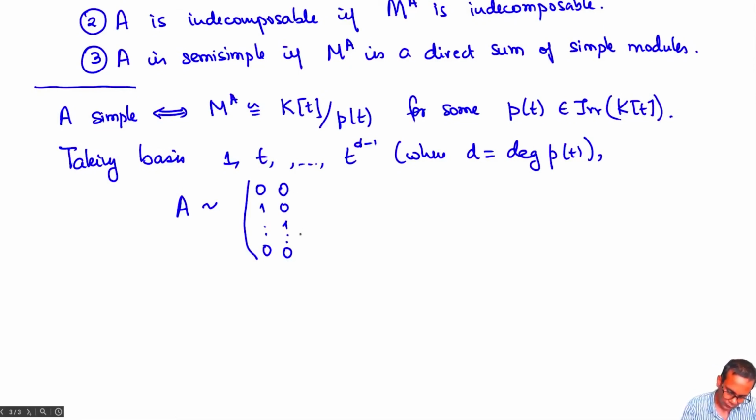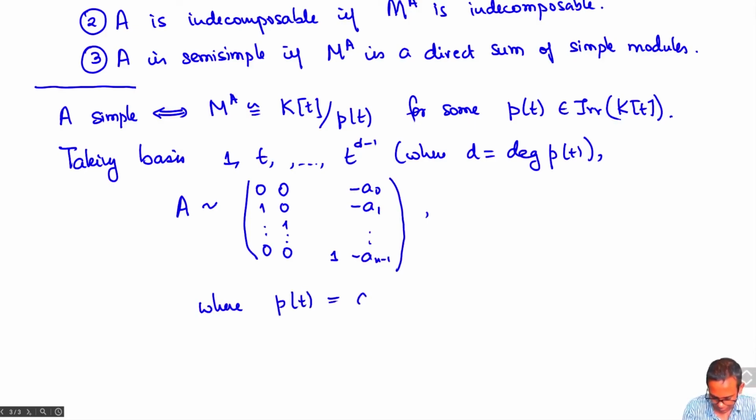So it starts off with ones in the row just below the diagonal, and you have this last column left, and there you put in the coefficients of P(t). So you put in minus a0, minus a1, up to minus a_(n minus 1), where P(t) is equal to a0 plus a1 t plus up to a_(n minus 1) t to the power n minus 1 plus t to the n. We are assuming that P(t) is monic.